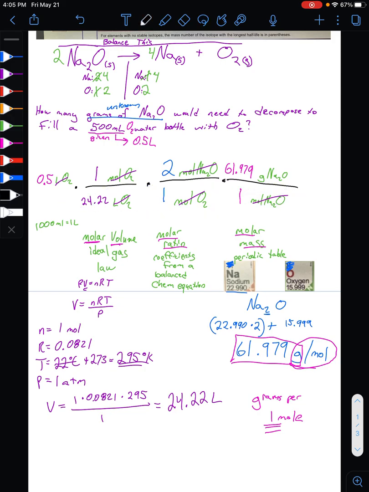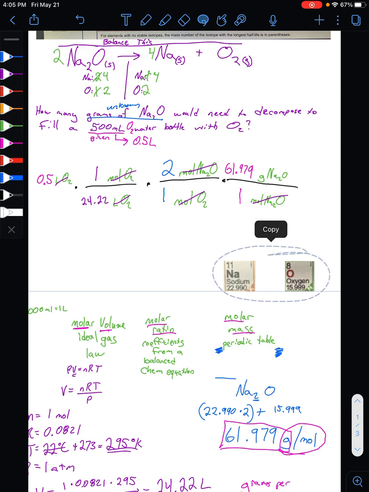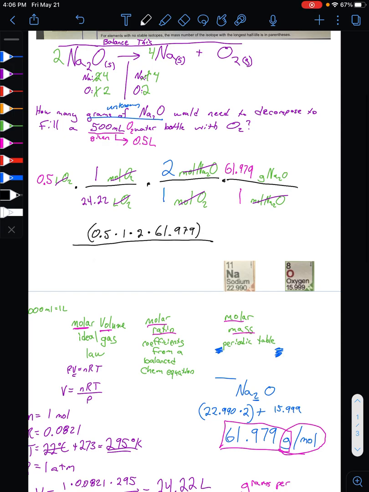In other words, 0.5 times 1 times 2 times 61.979. Do that. Then do the bottom. 24.22 times 1 times 1. And you're all set to go.